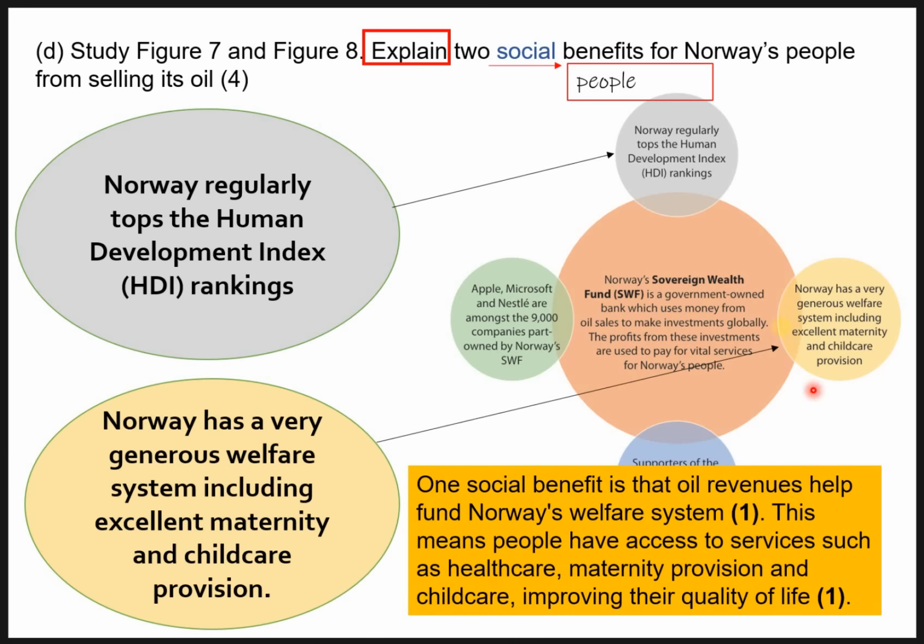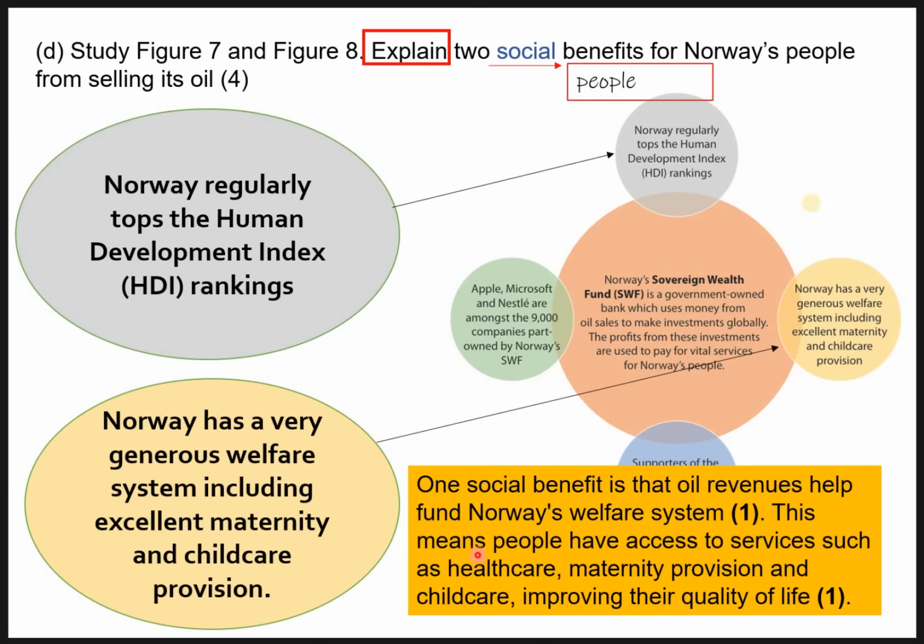So let's stick to the information we've got. Even if you didn't know, it's all here for you. One social benefit is that oil revenues help fund Norway's welfare system. This means people have access to services such as healthcare, maternity provision and childcare, improving their quality of life. Whenever you talk about social benefits, the shortcut is to go healthcare and education.